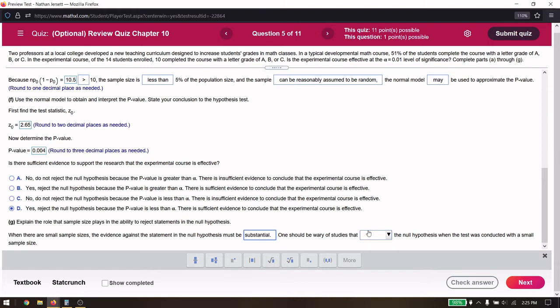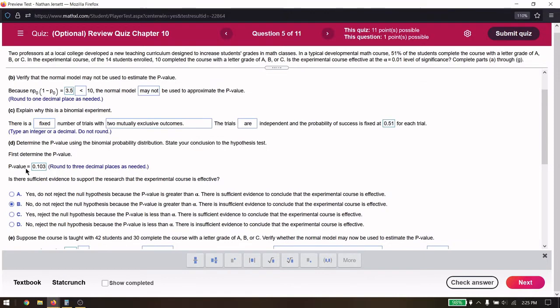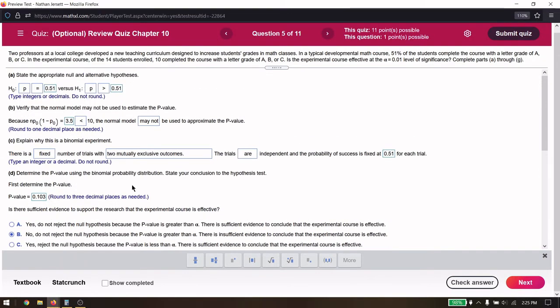So one should be wary of studies that do not reject the null hypothesis when the test was conducted with a small sample size. So here, because this test has the small sample size, we did not reject the null hypothesis, which is reasonable because it's such a small sample size.